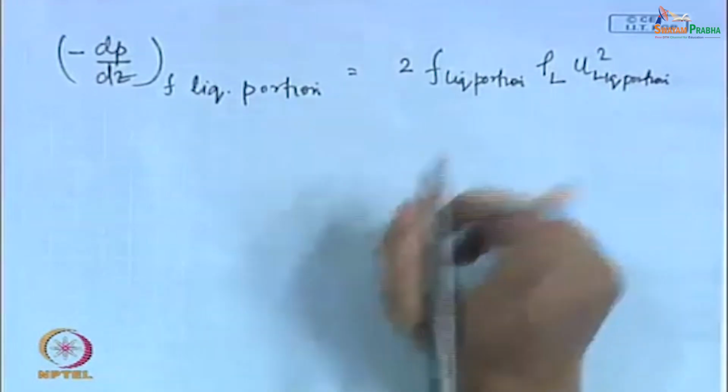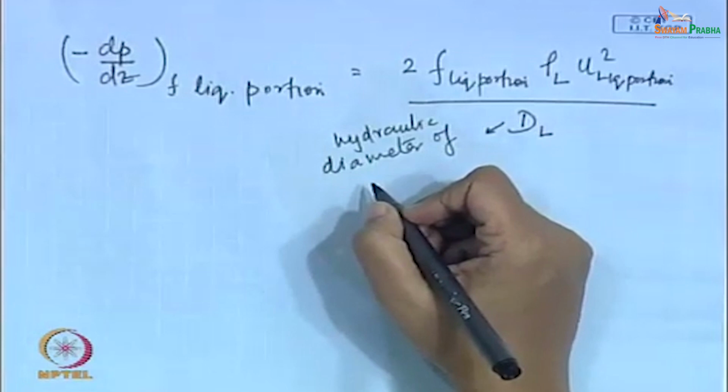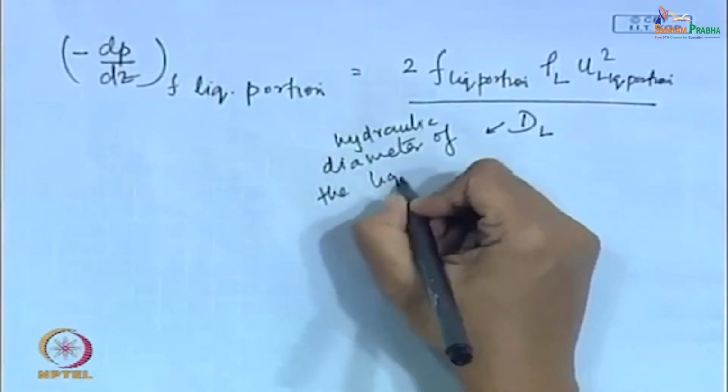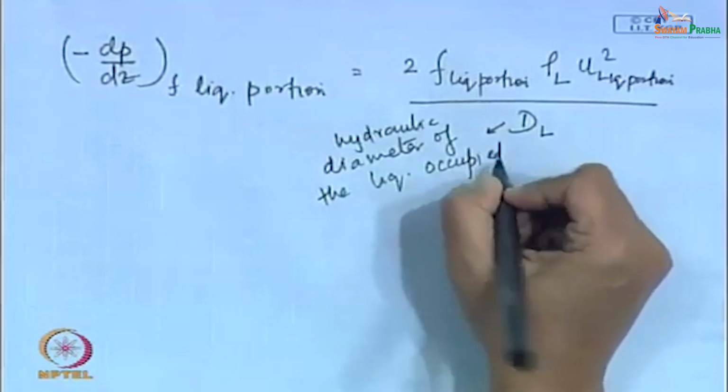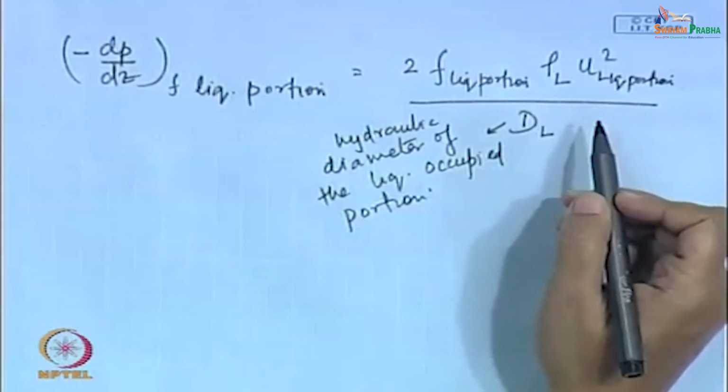Remember one thing, we are deriving everything for circular pipes of diameter d. And this is divided by dL. What is dL? It is the hydraulic diameter of the liquid occupied portion. So, therefore, this is the exact definition.